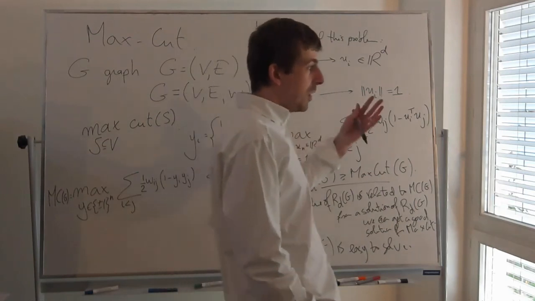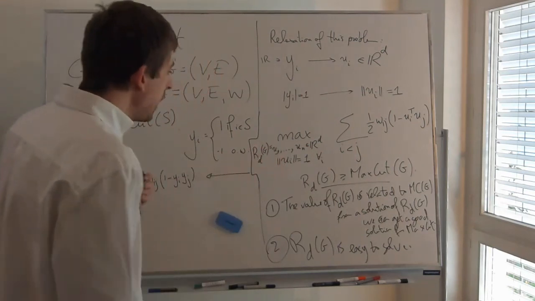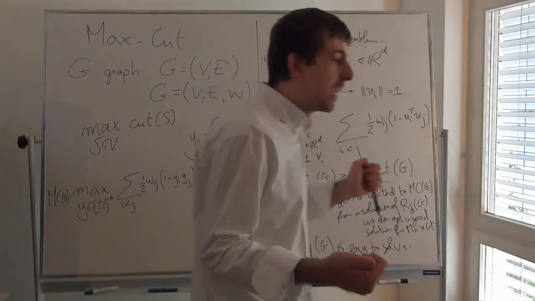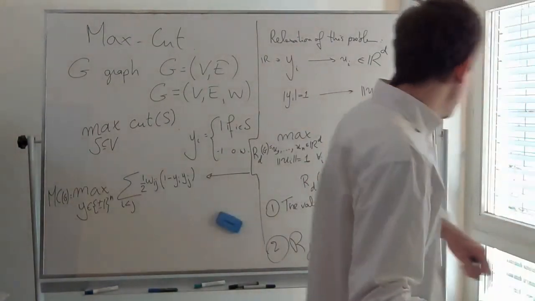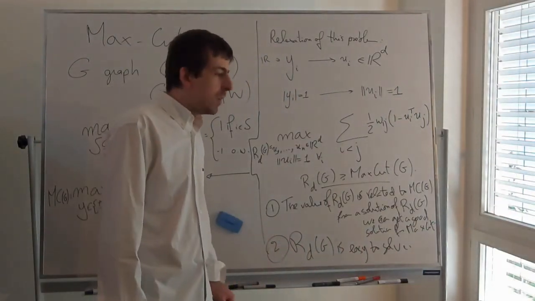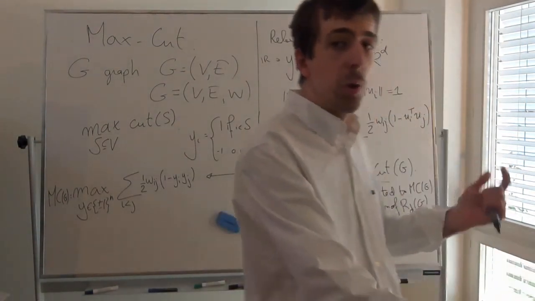The relaxation over the sphere was much easier to solve because it was just a spectral problem, and the value was somehow related. This is what Cheeger's inequality gave us. And so this is now what we're going to do. I'm going to start by arguing why it is easy to solve, and then we'll move from there to showing why it is related and how we can build solutions to the original problem from it.